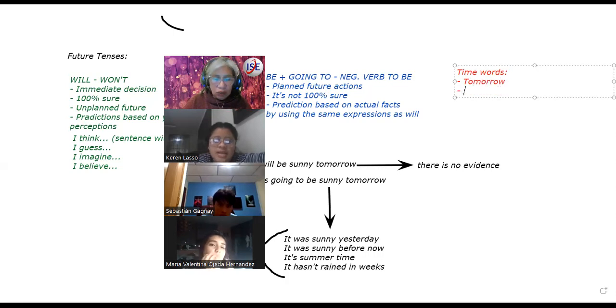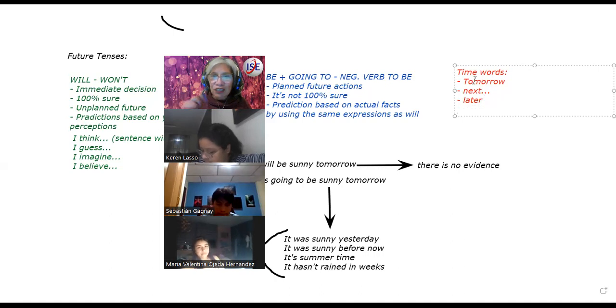All the combinations with the word next. Next week, next month, next class, next Christmas, next New Year, next century. Later. I'm going to have dinner later. Soon. Day after tomorrow.